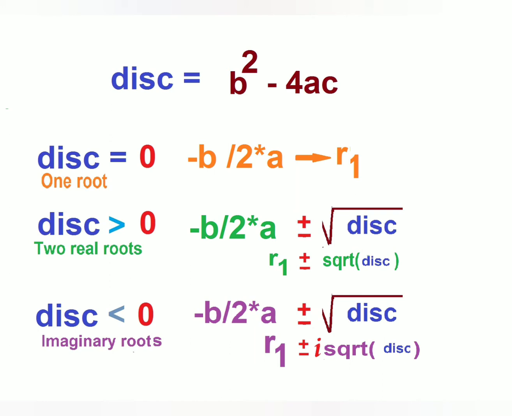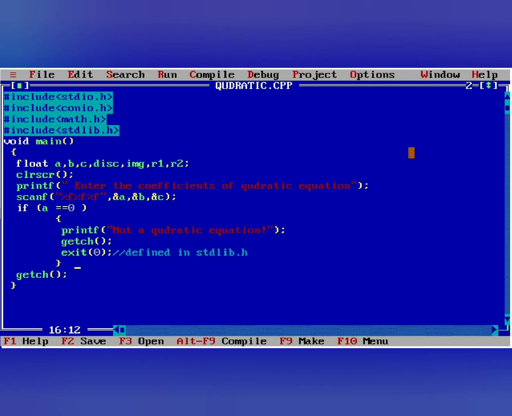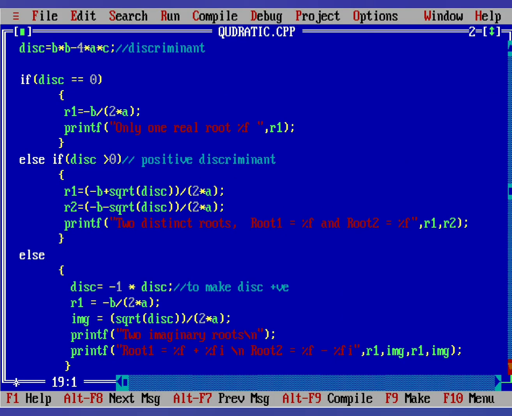But for discriminant greater than 0 or discriminant less than 0, we have to add R1 with the square root of the discriminant. So we have to take the square root of the discriminant. To find the square root, we use the function sqrt, which is defined in math.h. In the if-else ladder, the first if statement checks the condition whether the disc is equal to 0.